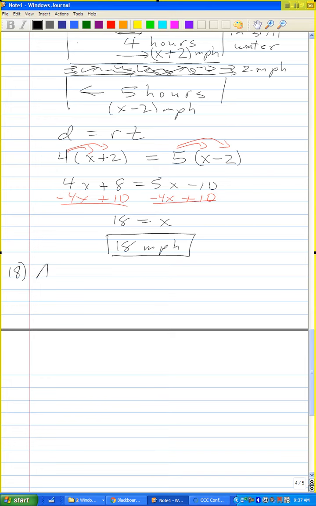A plane left 30 minutes later than the scheduled time.